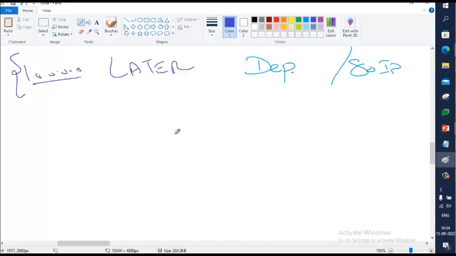Now, there is another way of asking a subnetting question. They will say the number of bits given for networking is, let's say, 9. How will we do subnetting now?